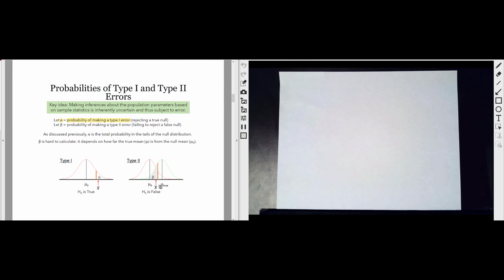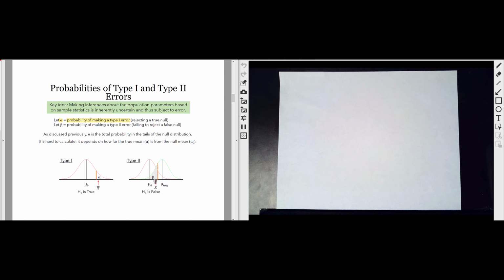Now, on the other hand, let's suppose that the null hypothesis is false in reality, which means that the alternative hypothesis is true. We will set a critical level at which we're going to reject the null hypothesis.